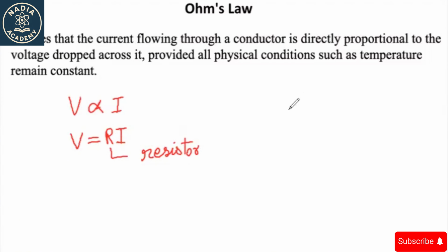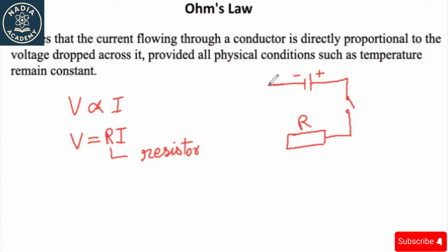So for more detailed understanding, let's consider that we do have a conductor, and this conductor is like this. It is a resistor of resistance R, and it is connected with a switch in the circuit, and this switch is connected with the battery, and this battery is a DC battery with a positive terminal and a negative terminal.